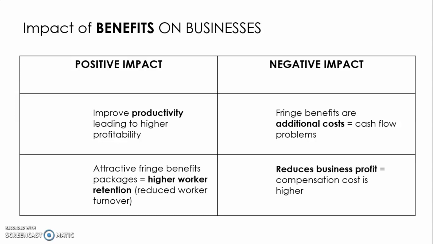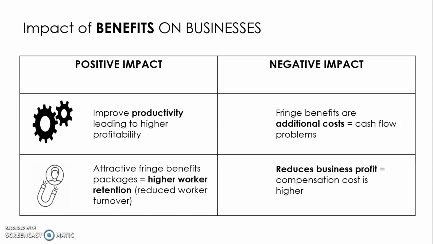Now we will look at the images that we trust will help you remember the content. Our first image for the positives, and that goes with productivity, is two cogs that work with each other. The one wheel, when it turns, helps the other wheel to turn. This will hopefully help you remember that productivity is one of the positive benefits or impacts of benefits on a business.